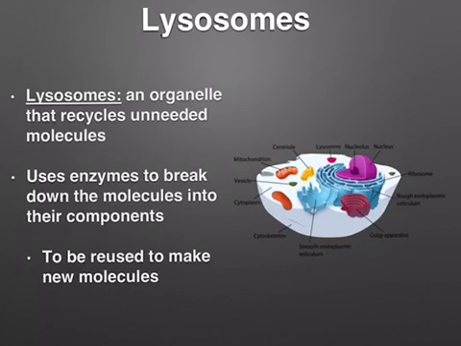Lysosomes, these are organelles that recycle unneeded molecules. They use enzymes to break down the molecules into their components. So I kind of think of these as like the cleanup crew. And if you think of Lysol, Lysol is a product that we humans use to clean. And so lysosomes clean up, just like Lysol.